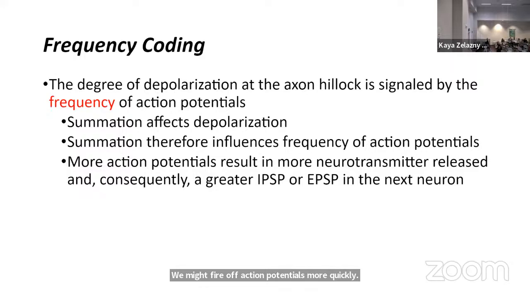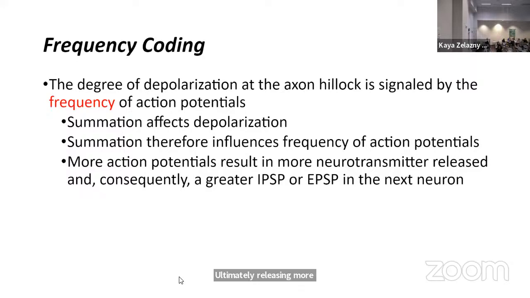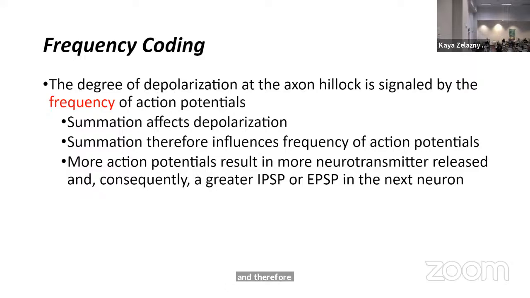So either over space or over time, but really we're just thinking about multiple signals getting us up to our threshold. If we get way above threshold at the axon hillock and it doesn't fade away, we would fire off more frequent action potentials, ultimately releasing more neurotransmitter at the opposite end of the neuron, and therefore creating a bigger postsynaptic potential, whether excitatory or inhibitory, in the next neuron.